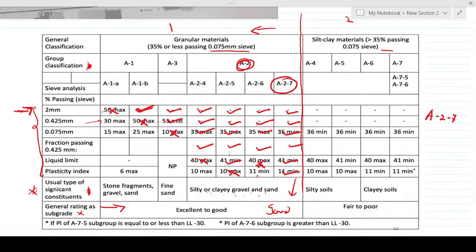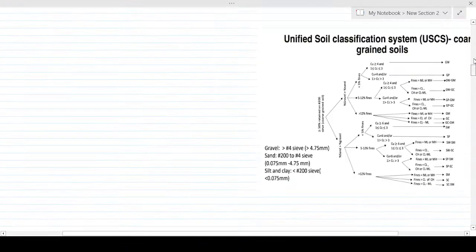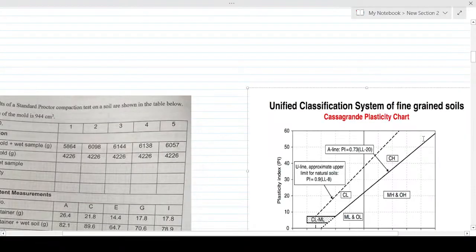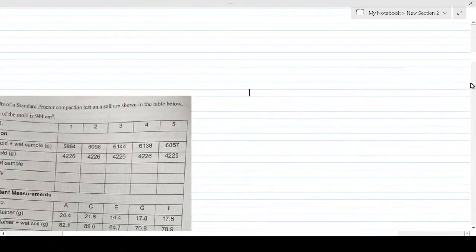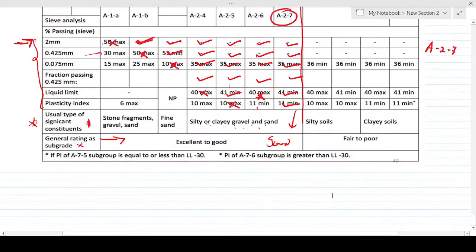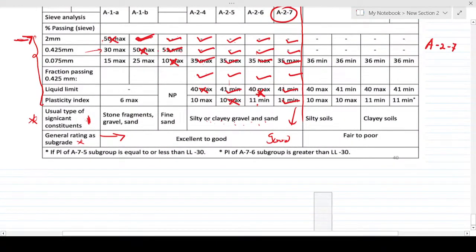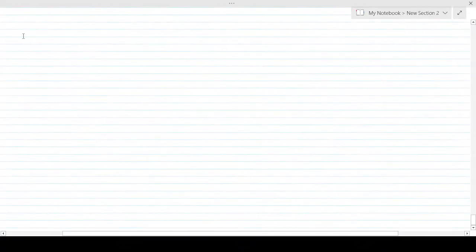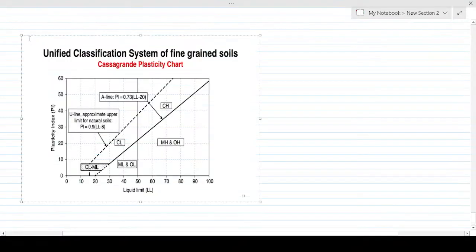Now let's move ahead and classify the same soil based on the unified system. So let me also go for the unified table. Okay, so we're going to classify the soil based on the unified. You realize that the AASHTO already has two sides of the table.